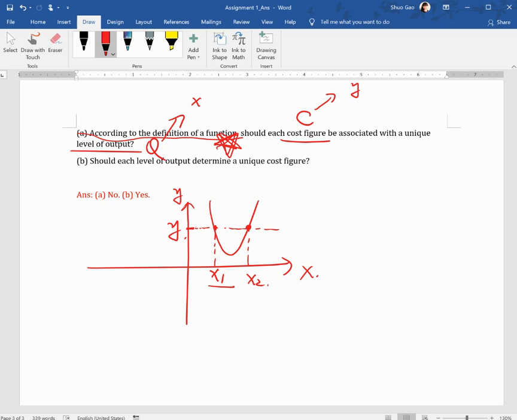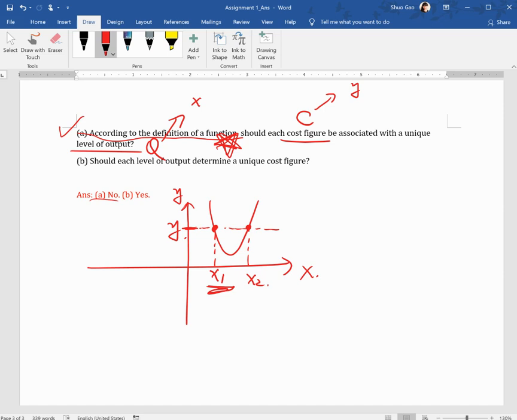As long as for a given x, there's only one y that's associated with it, it is called a function, right? We don't require that for each y, there's only a unique x that's related. So for question A, it doesn't have to, so the answer should be no.